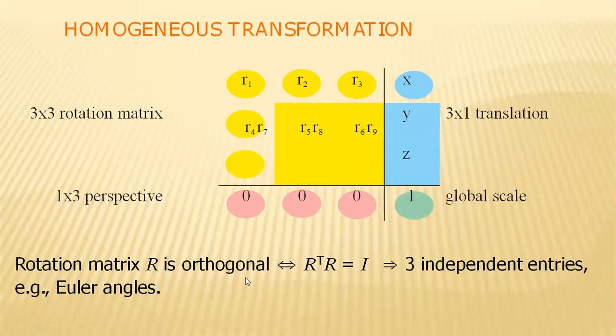Hence, the rotational matrix is orthogonal. So the translation and rotation lead to an identification. There are 3 independent entries as per Euler's angles.